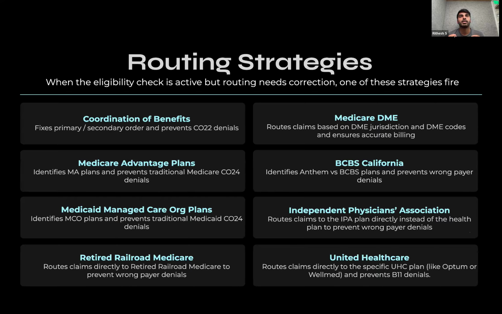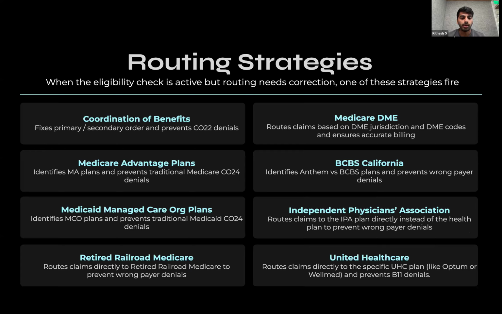And I think there's a fundamental misconception where we think that if the eligibility check is saying it's active, that means that if we route it to this particular payer, that claim would get approved. But actually, there's a ton of nuance in the eligibility check. There's a lot of data around the benefits, the plans, effective dates. All of those are not accounted for when you initially map the insurance. We take care of that as part of interpreting the eligibility check.